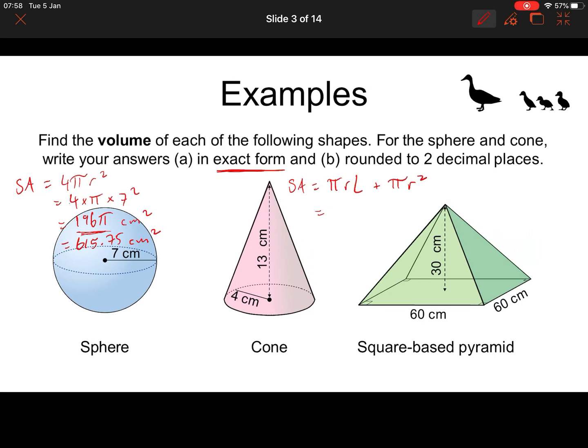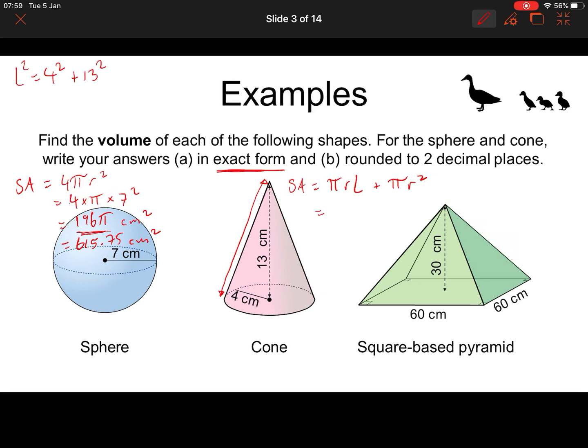The second thing is, what is L? Now, L is what we call the slant height. It's this distance here. Not the perpendicular height. We don't know what that is at the moment, so we're going to have to use a bit of Pythagoras. We're going to say 4 squared plus 13 squared is L squared.